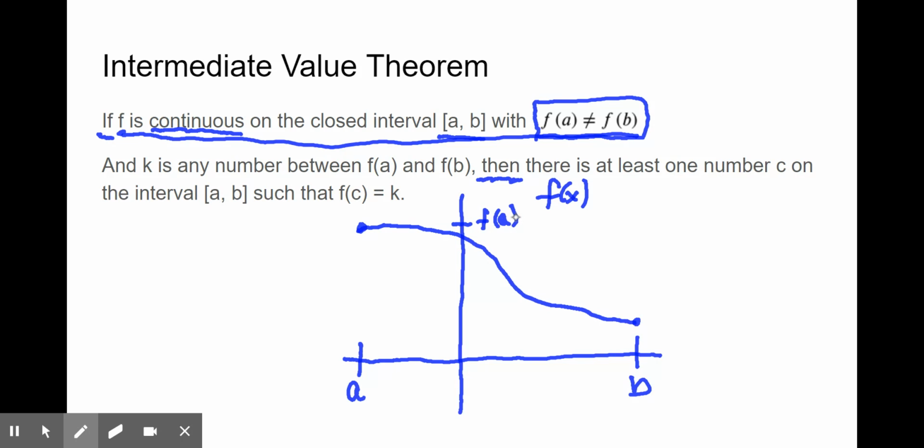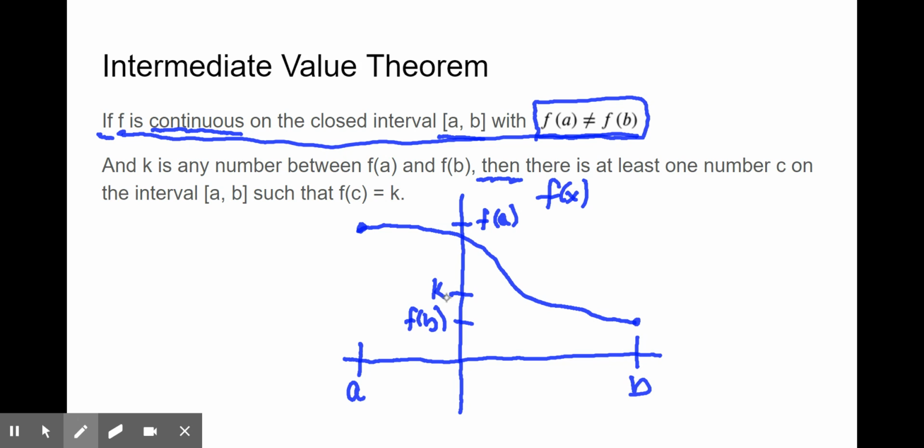This is the y value at a, and this number is the y value at b. Okay, so here's f of a, here's f of b. K is somewhere in between. It doesn't say halfway in between. It just says it has to be somewhere between. All right, so I'm going to put k here. Okay, k.